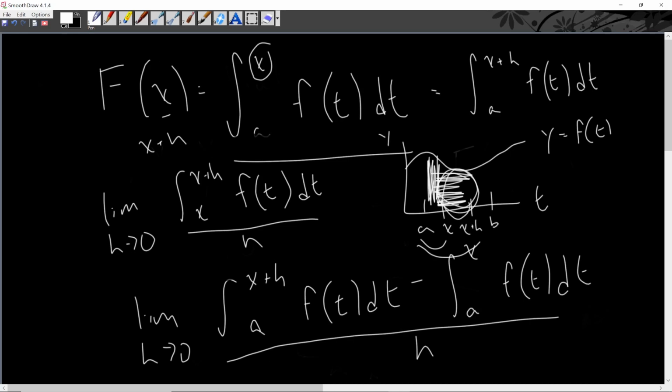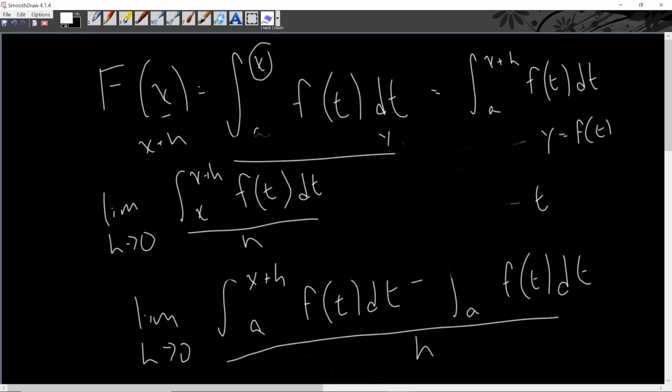We said that from here, if this is the area under the curve, we can take out this integral from a to x, and if we take that integral from a to x out of this integral from a to x plus h, what we're going to be left with is just from x to x plus h. I know that's probably not illustrated super well, but if you think about it a little bit, I think it makes sense.